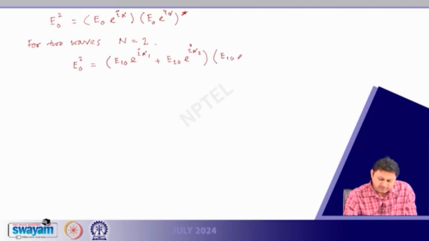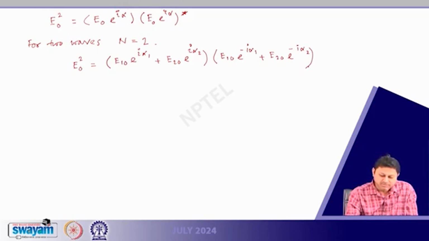If I write e to the power of minus i alpha 1 plus E20 e to the power of minus i alpha 2.